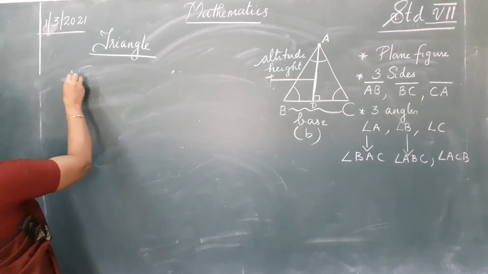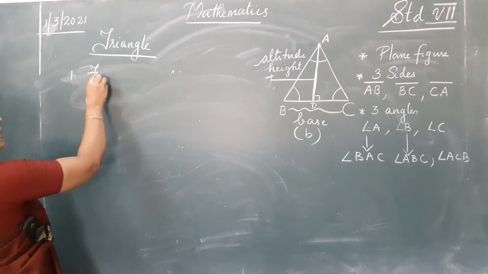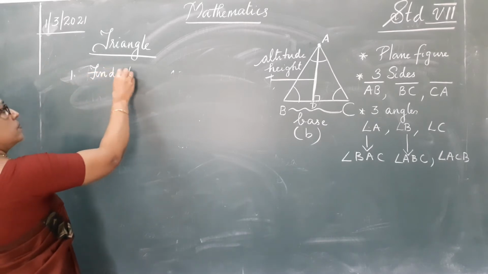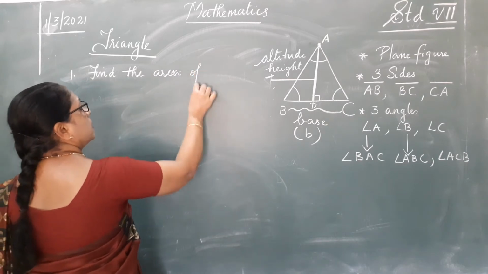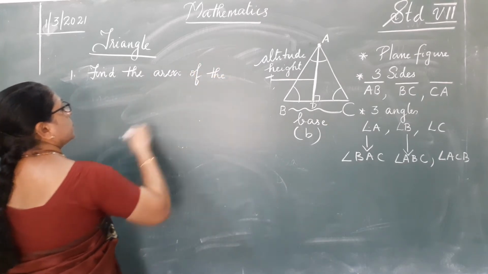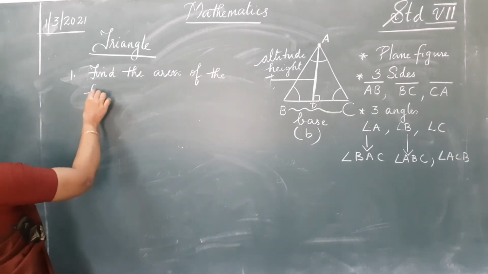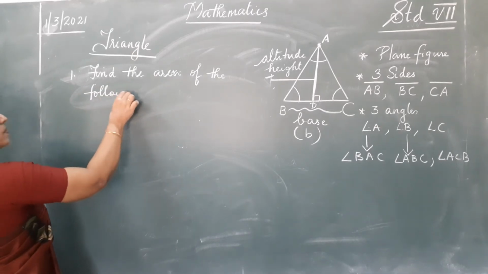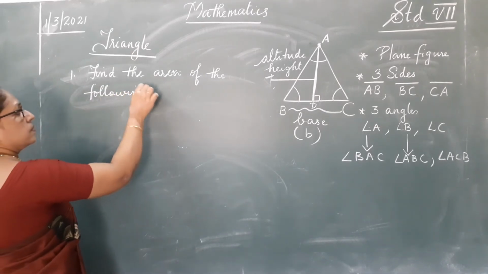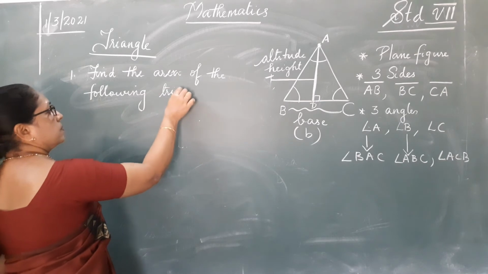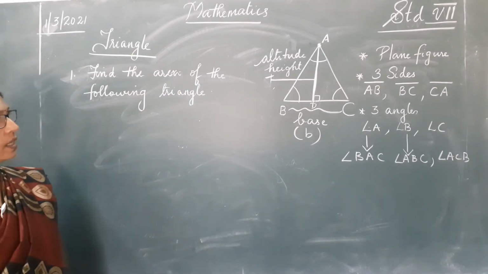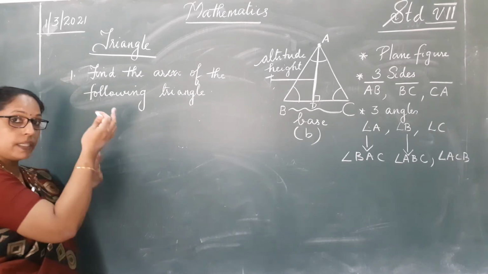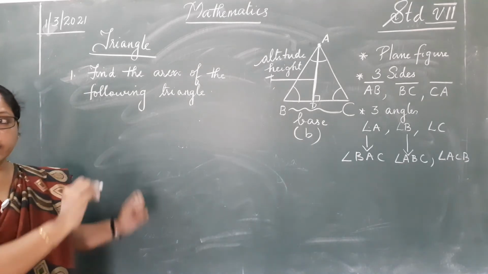Question number 1. Find the area of the following triangle. It can be given in picture form or it can be given in detailed form.